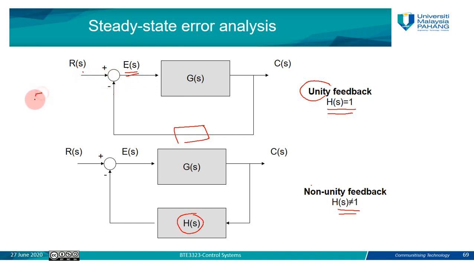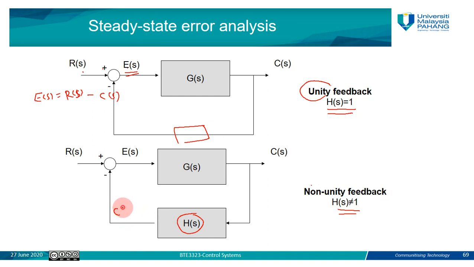E(s) will equal R(s) minus the output, which is C(s), in the case of unity feedback. Here, E(s) will equal R(s) minus C(s) times H(s). What is the value at this point?